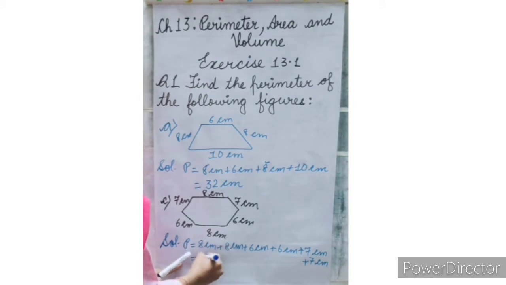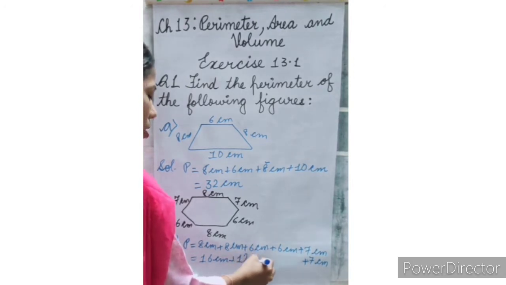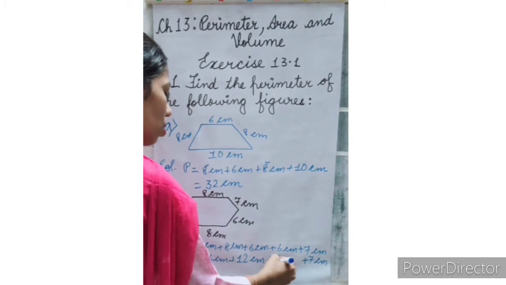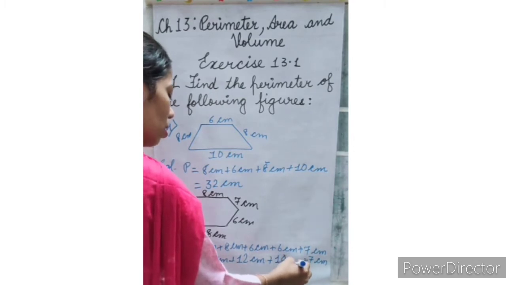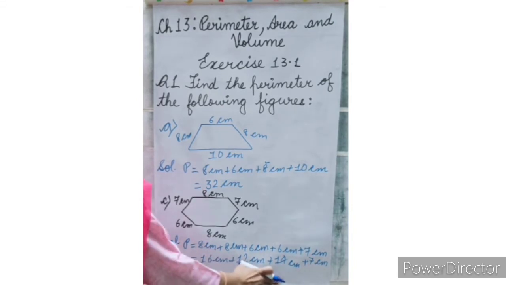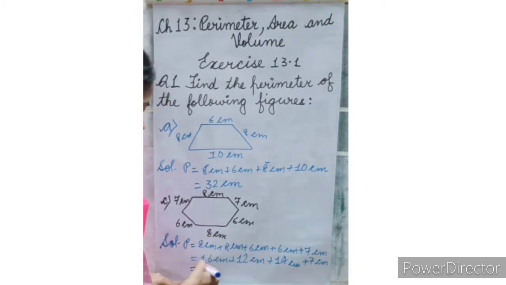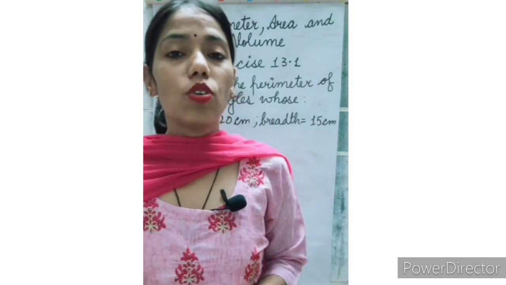So 8 plus 8, 16 centimeter, plus 6 plus 6, 12 centimeter, plus 7 plus 7, 14 centimeter. 16 plus 12 will be 28. 28 plus 14 will be 42 centimeter.